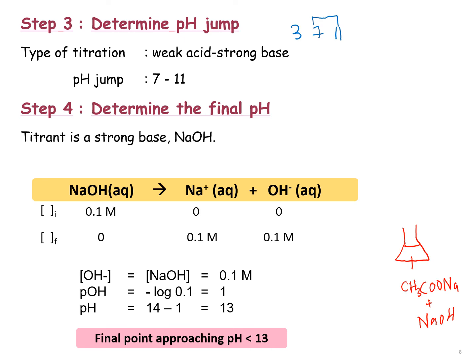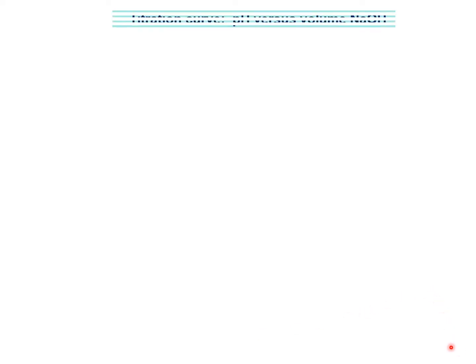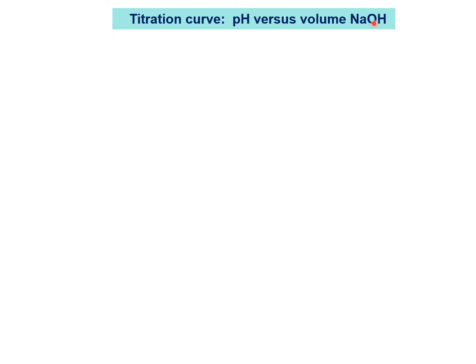So the next step is to plot the titration curve. Okay, so like before, apa yang kita kena ada dekat sini? First, title. Okay, pH versus volume of sodium hydroxide. Titration curve ni tak payah. Title ni saja yang perlu.